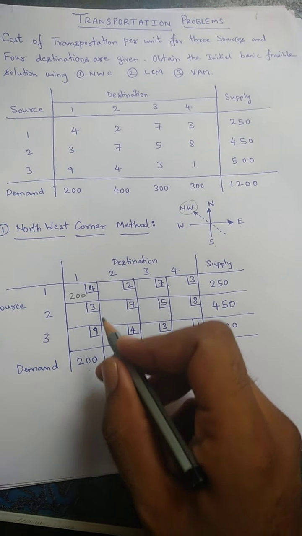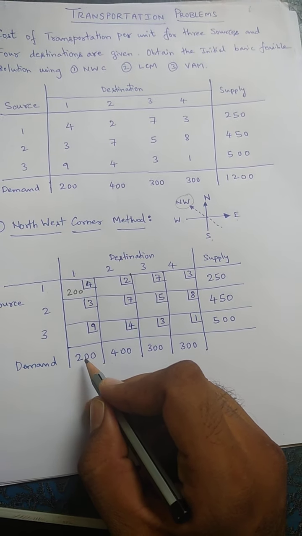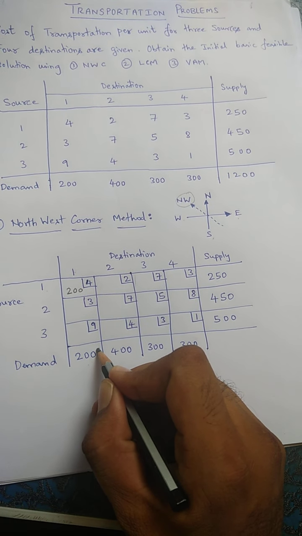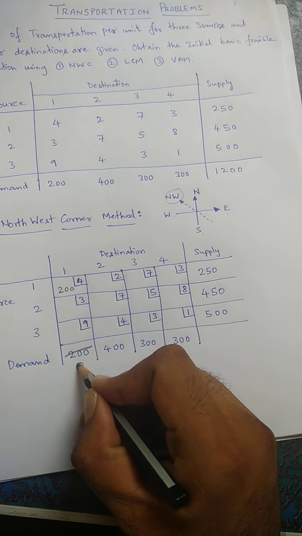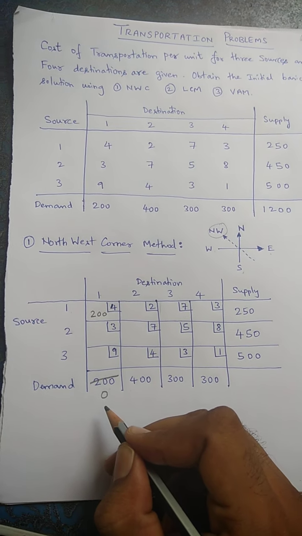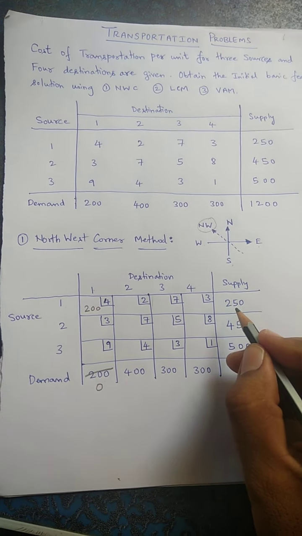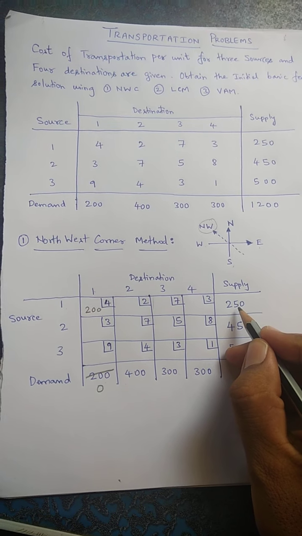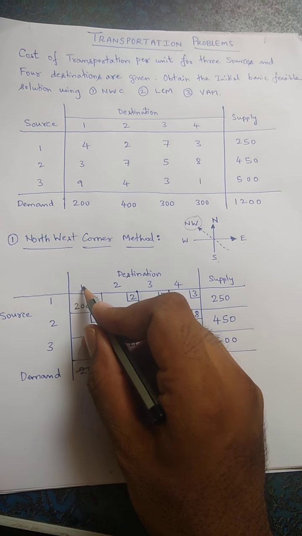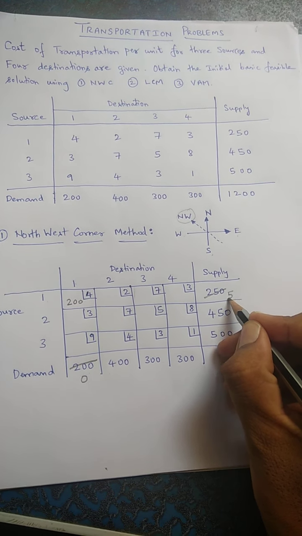The first destination needed 200 units, the demand was 200 units, and it is totally catered. So the first destination does not require any more, it becomes 0. Source 1 had a supply of 250 units, out of which it delivered 200 units to the first destination, so it is left with only 50.